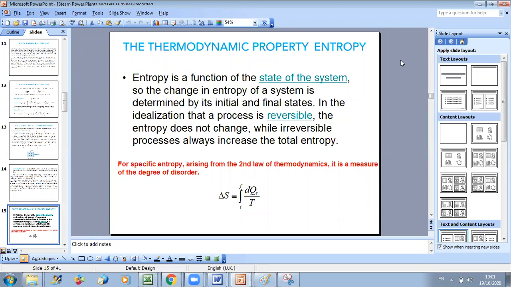I will give you an example. If you compress air and you leave it back, it will expand again. But if you do an expansion, can it compress alone? No. So this is an irreversible process.